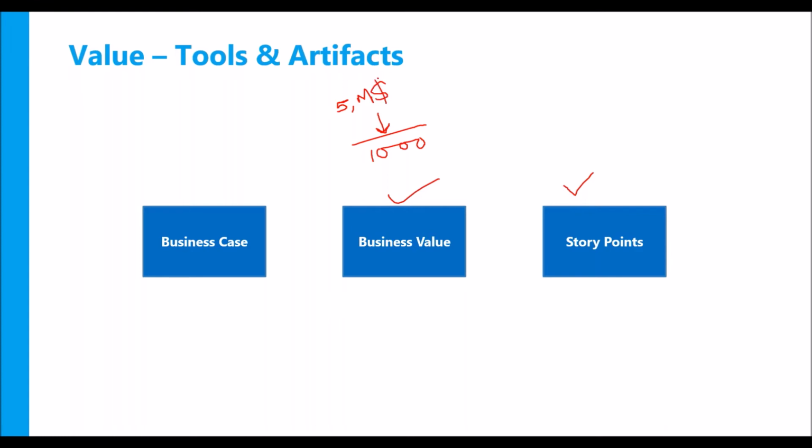Now I can map this $5 million to 1,000 points, and then I can track how these 1,000 points are being achieved in the project. So that's one way of tracking it, right? So this business value may get transferred into story points later, and at a low level, you as a project manager will be tracking story points as a value. The customer will be interested in extracting early value out of the project, right? So value is more relevant in Agile methodology, just for your information.